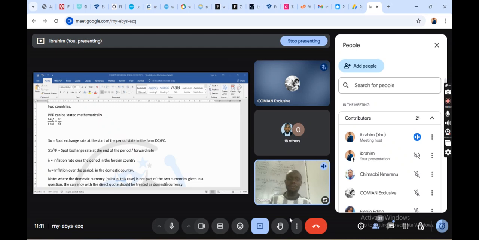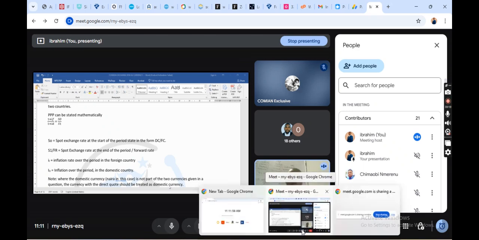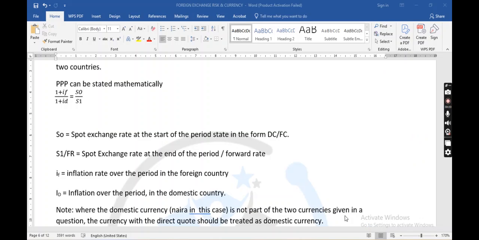Now, in a situation whereby you have €1 to $1.2. €1 to $1.2. Come, let me illustrate that. €1.